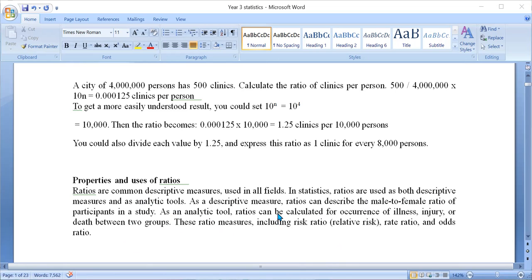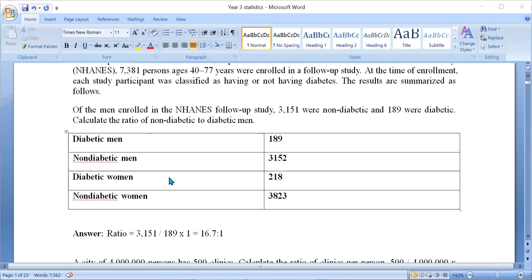As a descriptive measure, ratios can describe the male to female ratio of participants in a study, like we explained. You can use it to describe that in this study, like in the example above, the number of diabetic men is 189, and non-diabetic is 3,152.